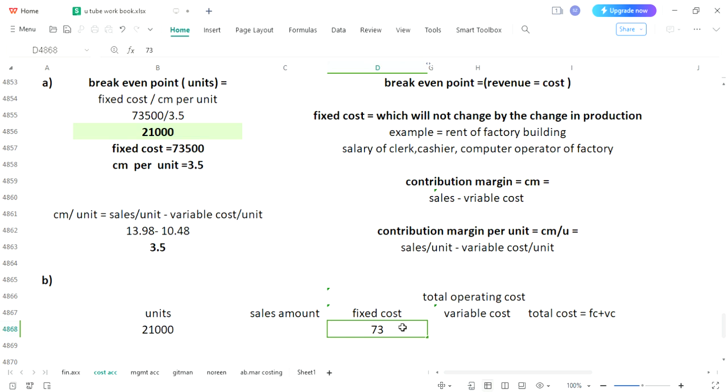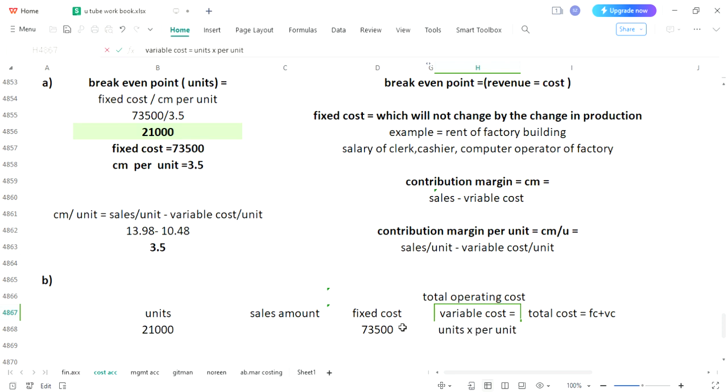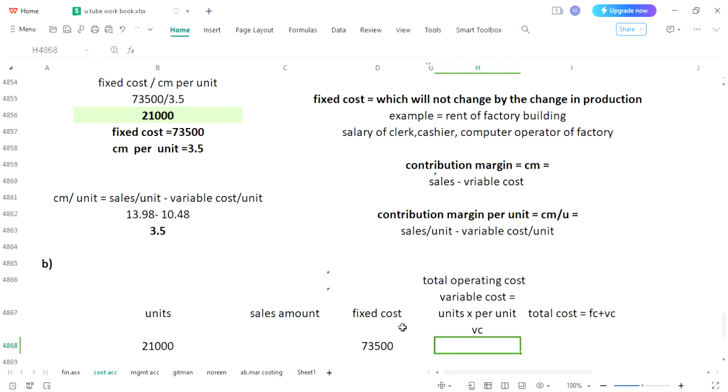73,500. Variable cost would be calculated, and obviously for that you need to have your units, and you will multiply it with per unit variable cost. Units over here 21,000. Please note it down, and you need to multiply it with per unit variable cost.